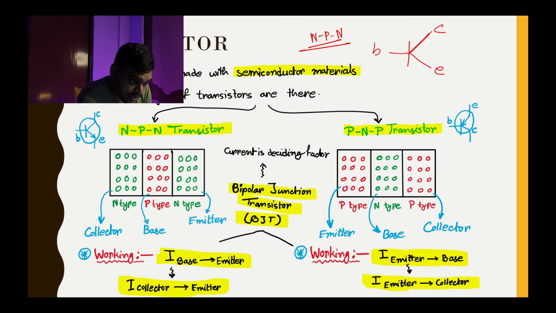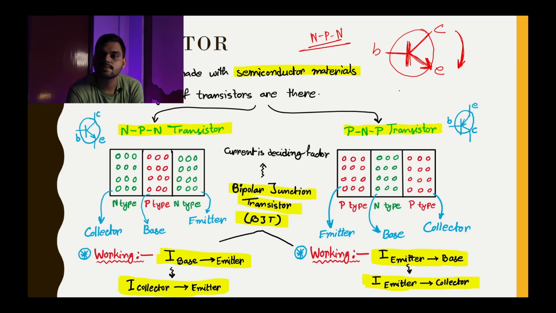Okay, like if a little bit of current flows from the base to the emitter, a larger current will be flowing from the collector to the emitter. So the symbol becomes like this. Okay, and in the case of PNP, let's talk about PNP as well.